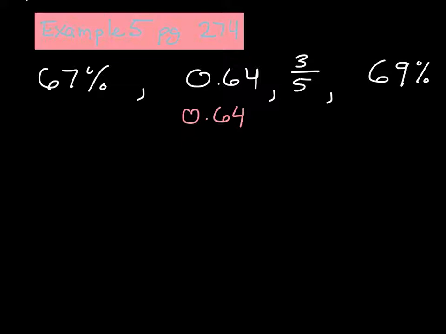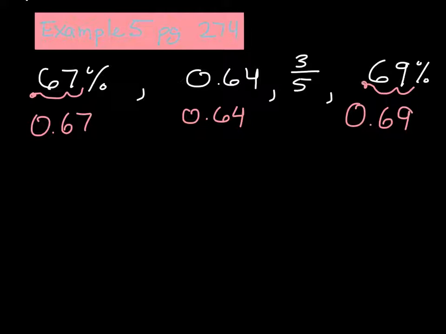Those are easy. We already know how to put percents as decimals. All you have to do is move the decimal point over to the left twice. So our 67% becomes 0.67, and our 69% turns into 0.69.